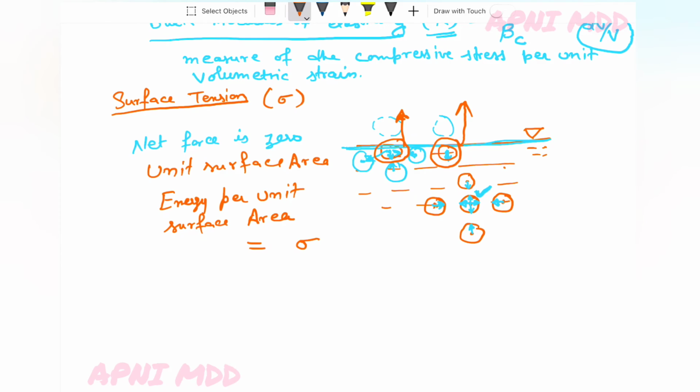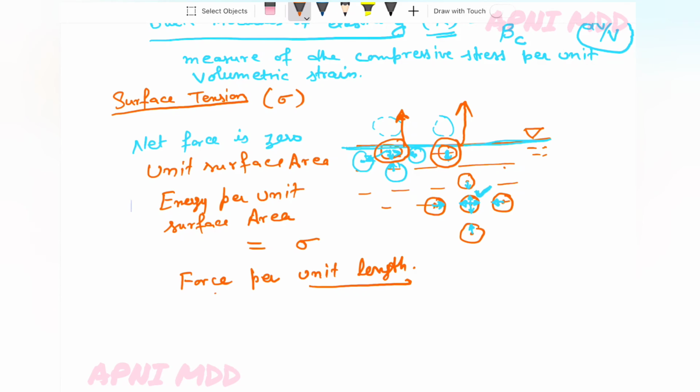So then for that perimeter, the dimension is in meter. So therefore, for that particular unit perimeter, we apply the force on the molecule. So force per unit length, the dimension of that perimeter is in terms of meter, that is one length.